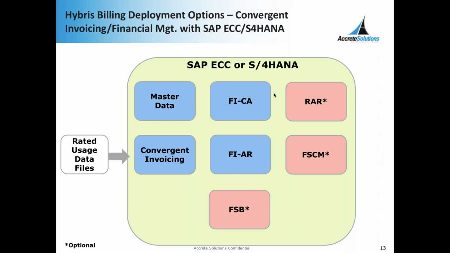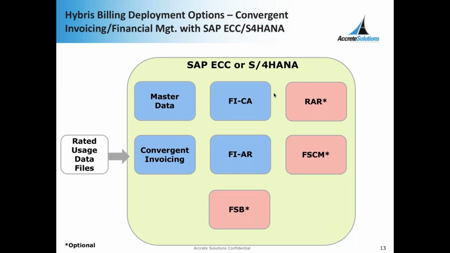The simplest way is that, as you might have realized, convergent invoicing resides in SAP ECC or S/4HANA. You have master data, customer, products, and pricing, and contracts existing in SAP ECC as well. You have FICA, which is contract accounting. You also have optional components like RAR, which is revenue accounting, that can also be implemented.